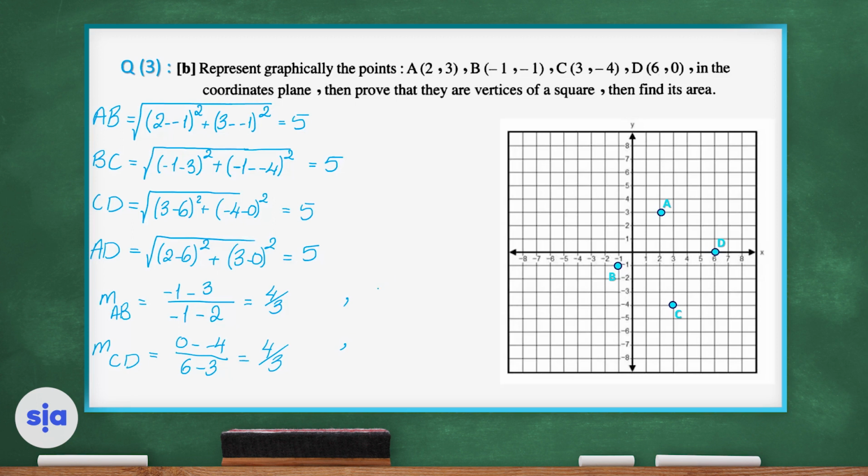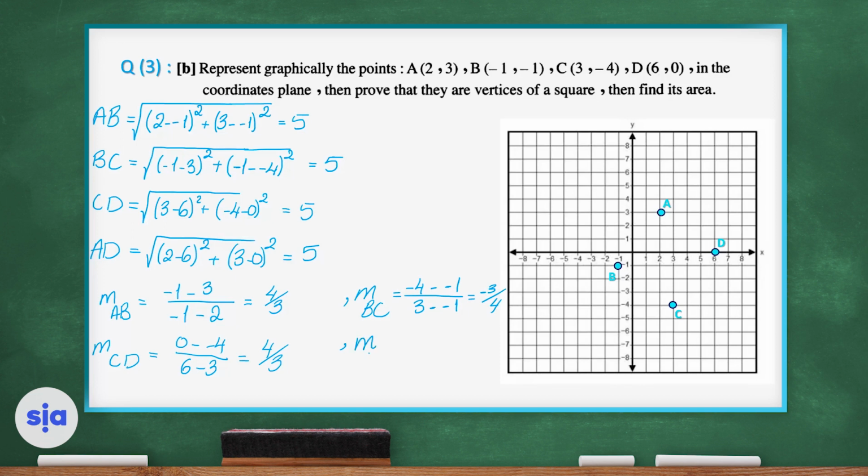Where the slopes of the other two sides, the slope of BC equals negative 4 minus negative 1 over 3 minus negative 1, that is equal to negative 3 over 4.